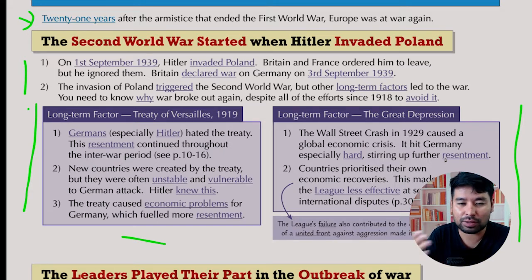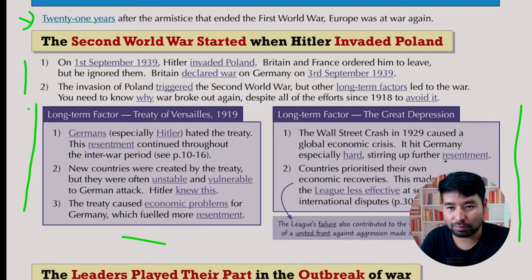Again, they lost the war, they were considered guilty, and because of the treaty and all the problems they had already been through, the Treaty of Versailles also happened to cause economic problems.